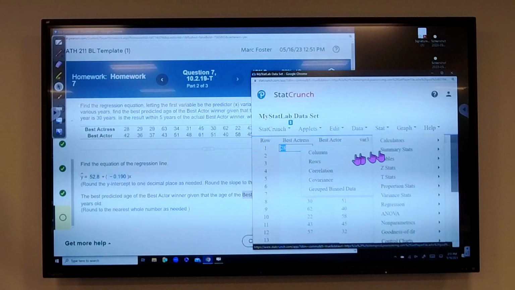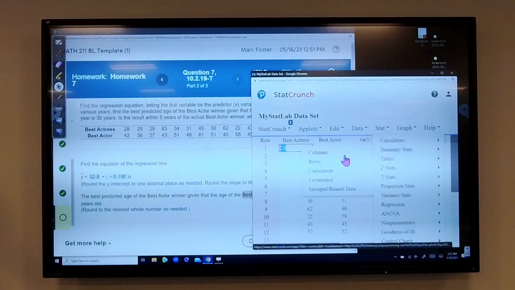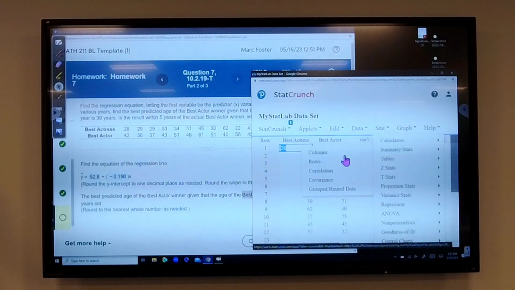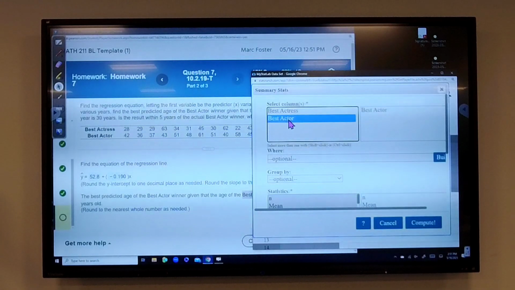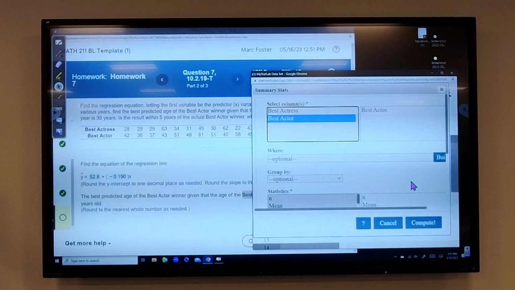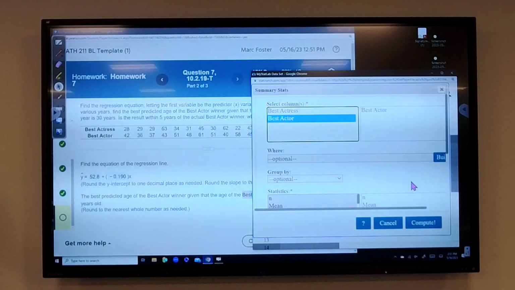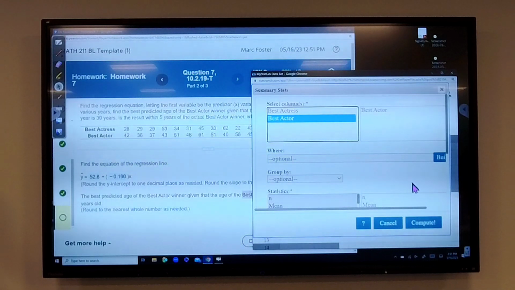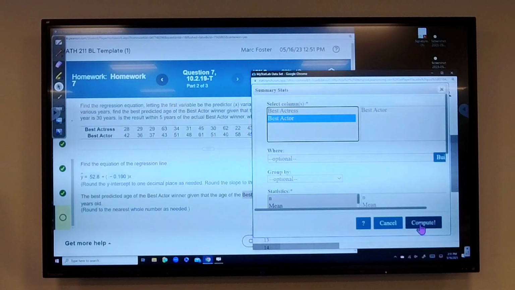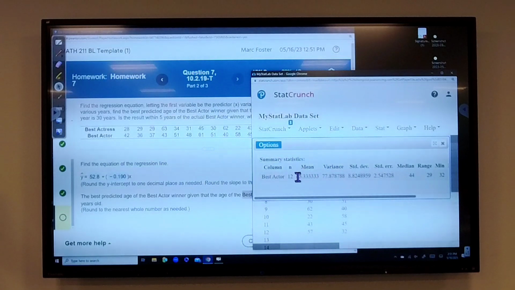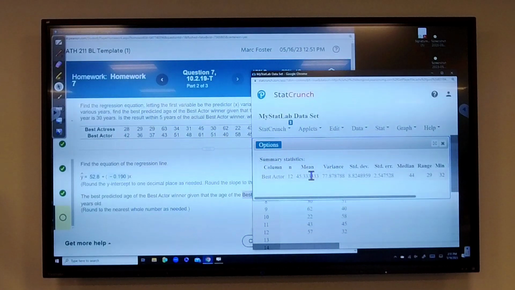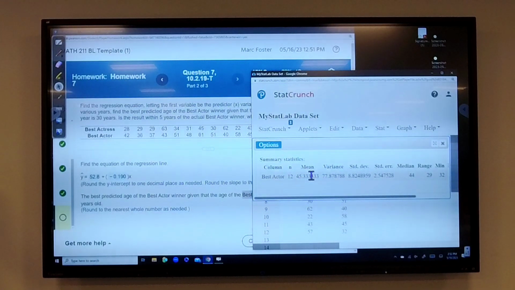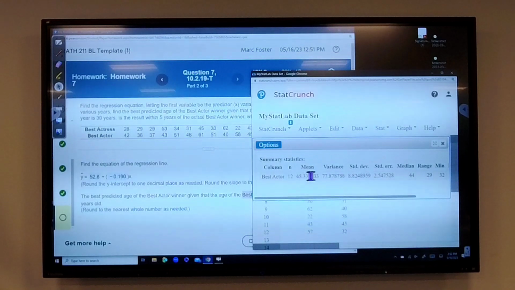So I'll go to summary stats, columns, and get the average age of best actor. That's all I need. Whatever the average age of the best actor is the answer. That is my prediction. I would have made that prediction no matter the age of the best actress. And that matches with what we expect.